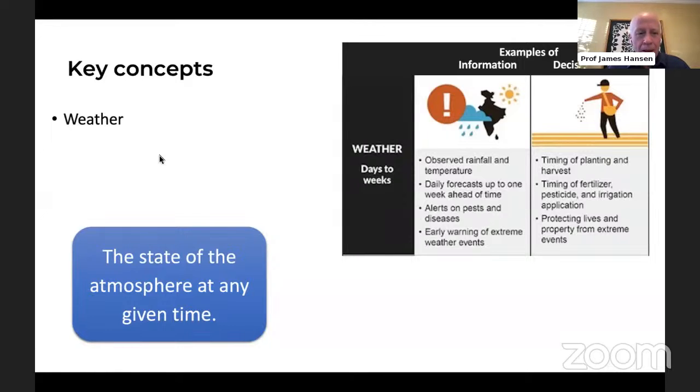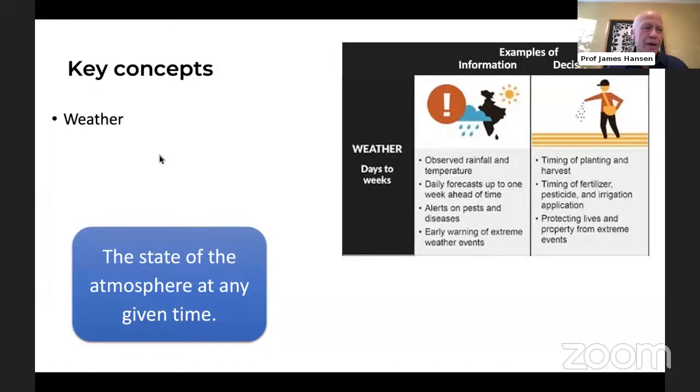So weather, when we talk about weather, we're talking about the state of the atmosphere at any given time. So you think of, for example, the current conditions. If you look outside, today's observed rainfall temperature, the amount of rainfall recorded yesterday, forecasts up to about a week into the future are considered to be weather.